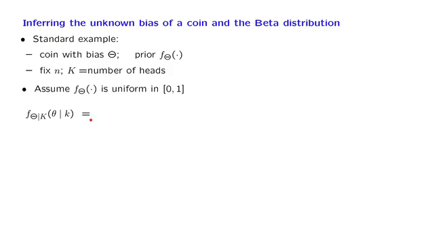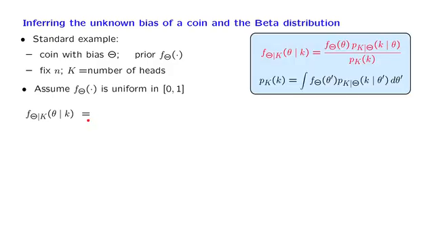We use the appropriate form of the Bayes rule, which in this setting is as follows. It is the usual form, but we have f's indicating densities whenever we're talking about a distribution of theta, because theta is continuous, and whenever we talk about a distribution of k, which is discrete, we use the symbol p because we're dealing with probability mass functions.